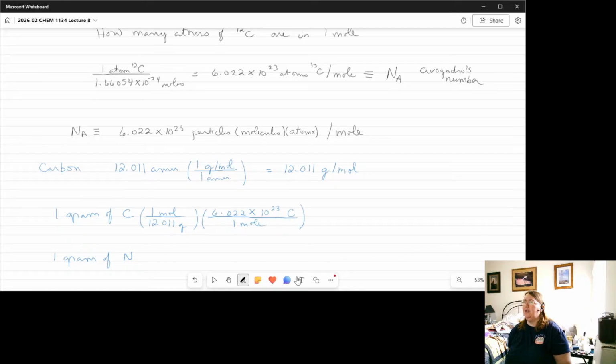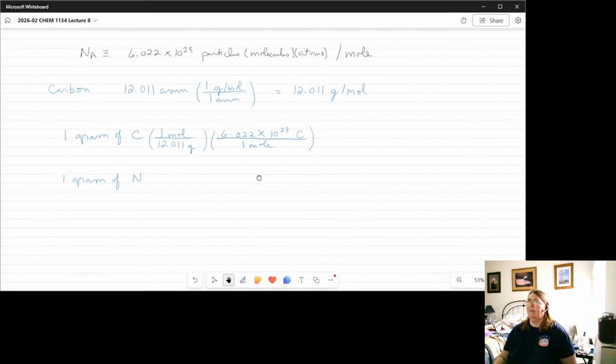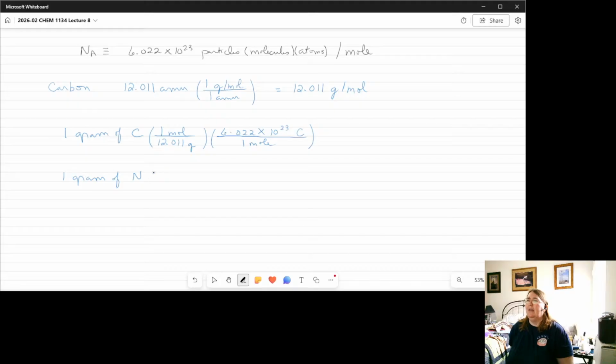Versus if I do nitrogen, one mole, 14.007 grams, I think, and 6.022 times 10 to the 23 nitrogens in 1 mole.